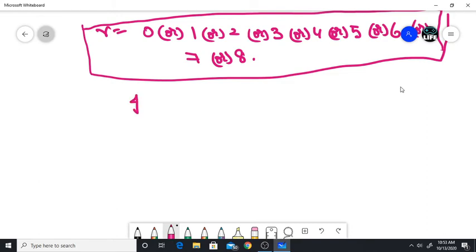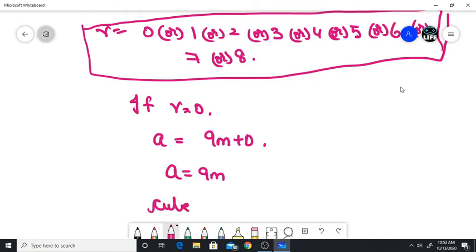So let's check if r equals 0. A equals 9m plus 0, so a equals 9m. Cubing on both sides, because in the question it is given the cube of any positive integer.